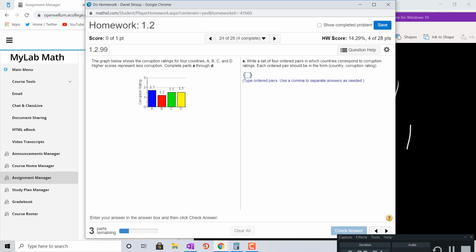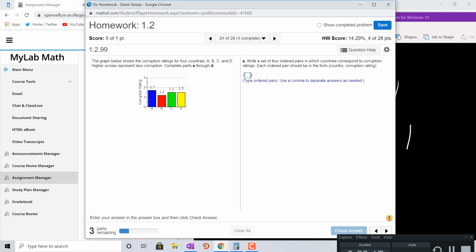We have some story problems. The graph below shows the corruption ratings for 4 countries, A, B, C, D. The higher scores represent less corruption. Complete parts A through D. Write a set of ordered pairs in which countries correspond to corruption ratings.